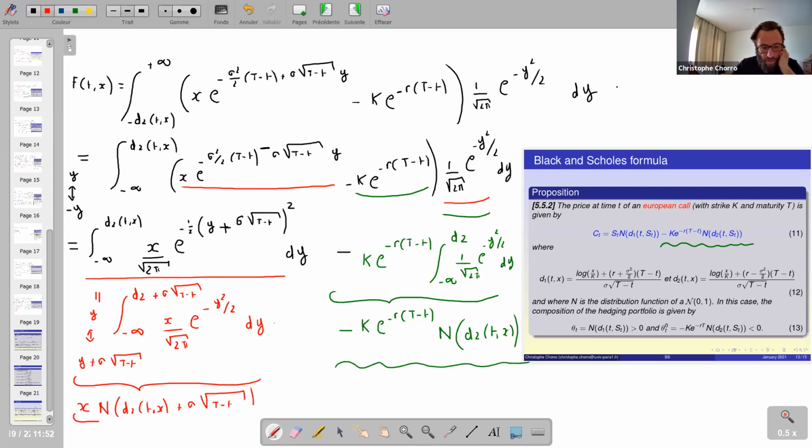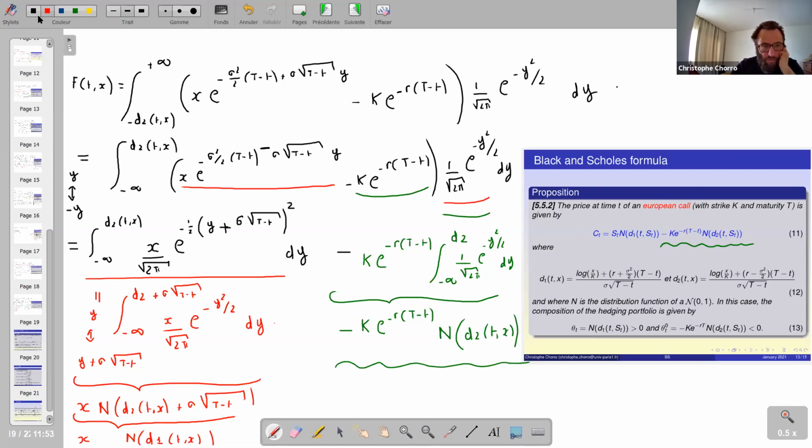But what is this one? It is d2(t,x) plus sigma the square root of capital T minus t, which just gives me d1. In fact, I have here N of d1(t,x).